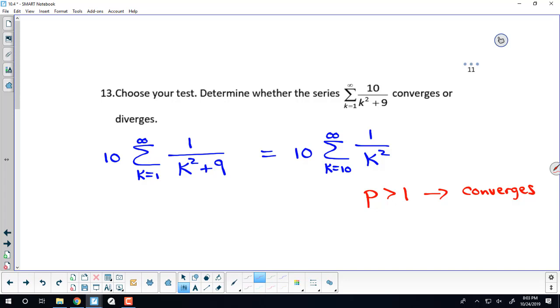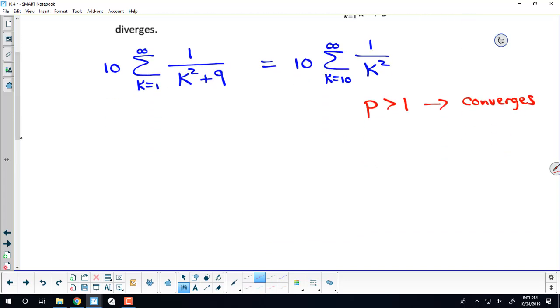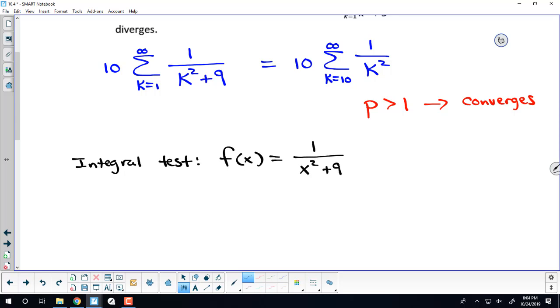Inverse tangent, right? Oh, inverse tangent. So we could do the integral test on that.